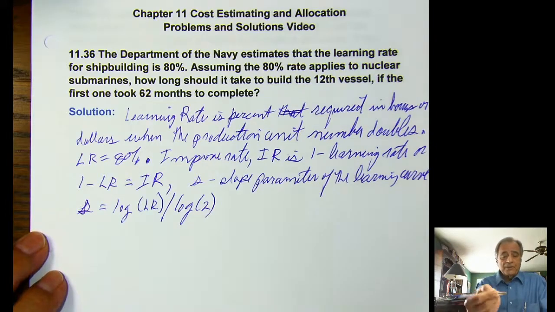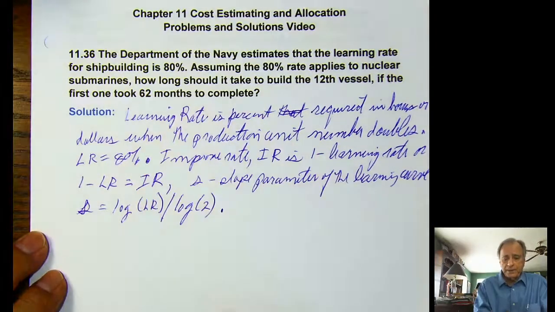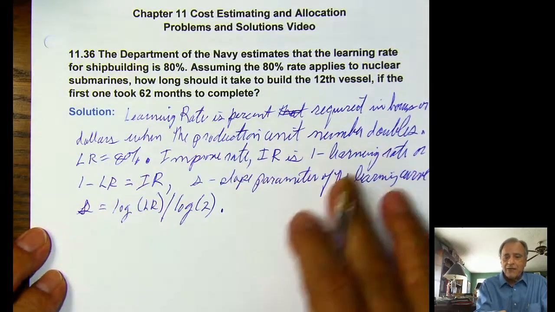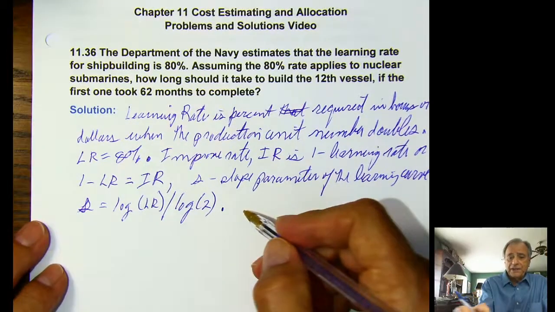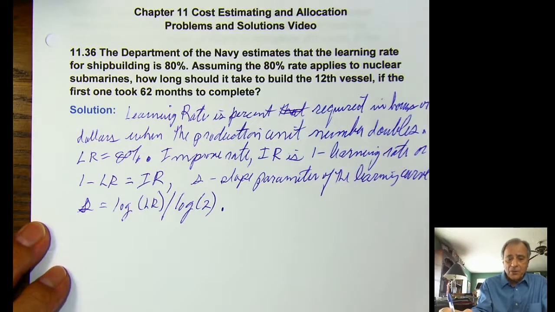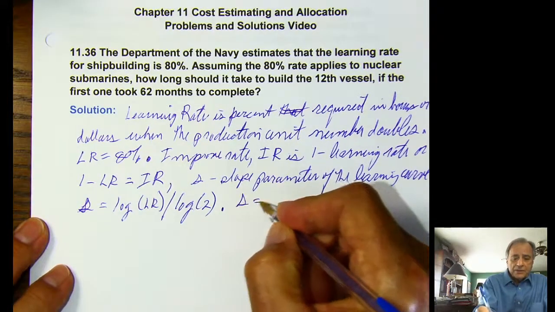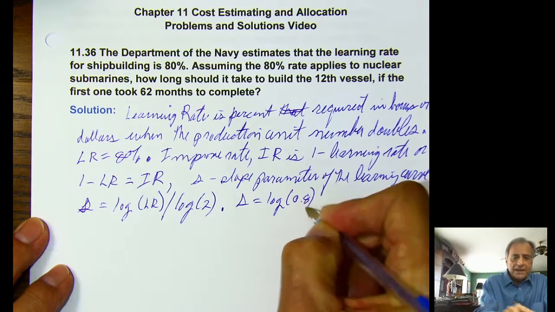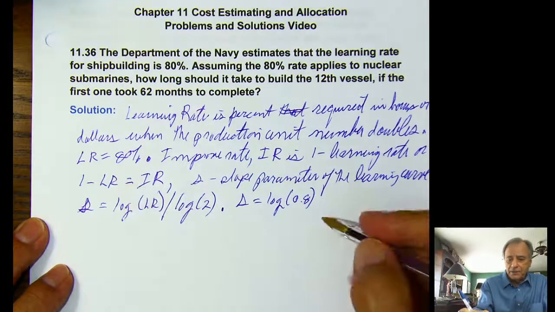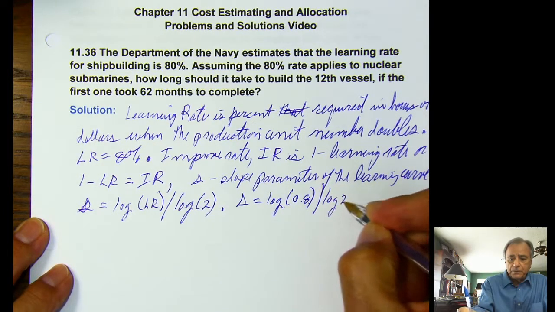So in our problem here, this is a lot of background information, but in our problem, we're going to need S to solve this question. And S is equal to the log of 0.8, or 80%, you list it as a decimal, divided by the log of 2.